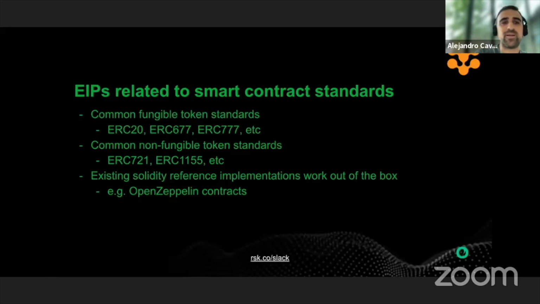Every smart contract standard, talking mostly about tokens and NFTs, is the same on Rootstock. So if you are thinking about, for example, an NFT marketplace, you can deploy that on Rootstock without any issues, because everything will work in the same way.